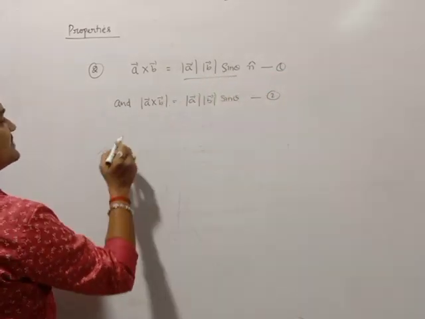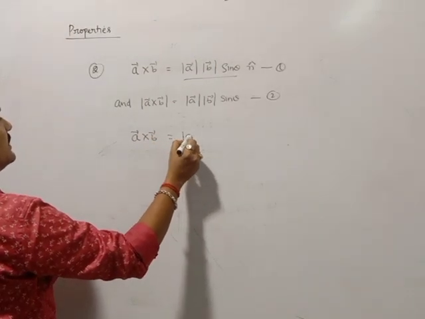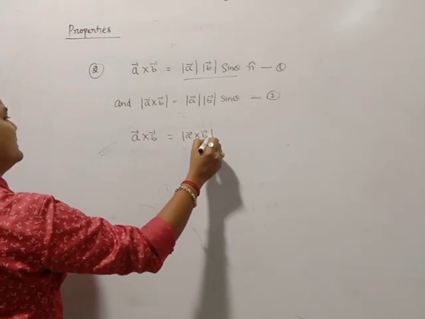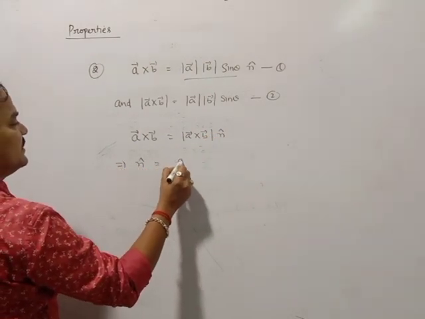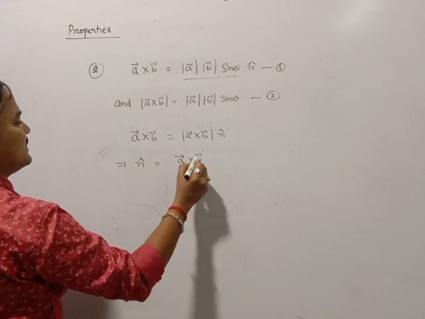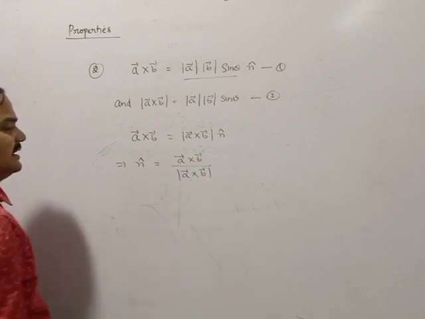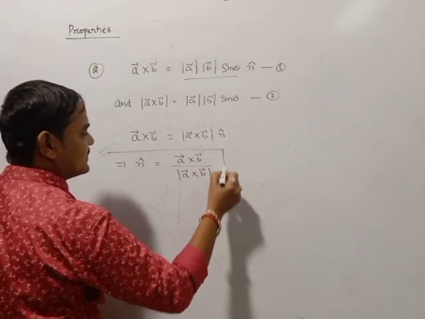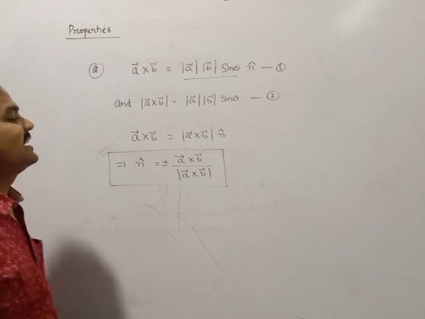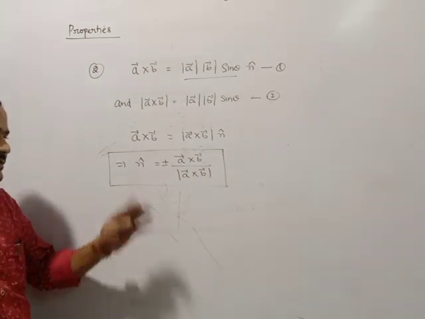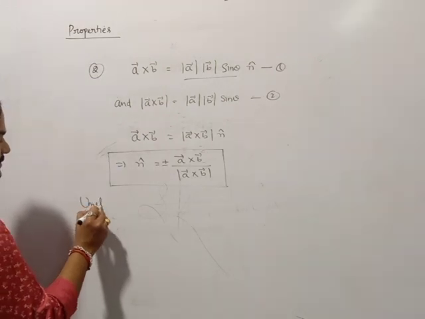So A bar cross B bar is equal to magnitude of A bar cross B bar into n cap. So it implies n cap is equal to A bar cross B bar by magnitude of A bar cross B bar. Here you must give the plus or minus sign, because you don't know the direction.